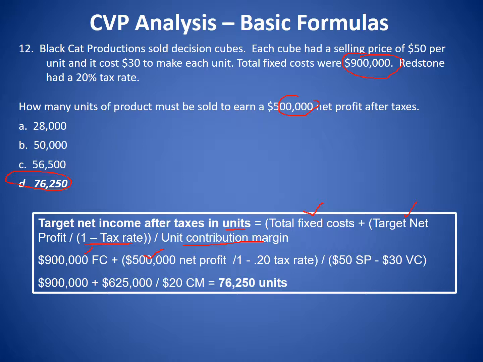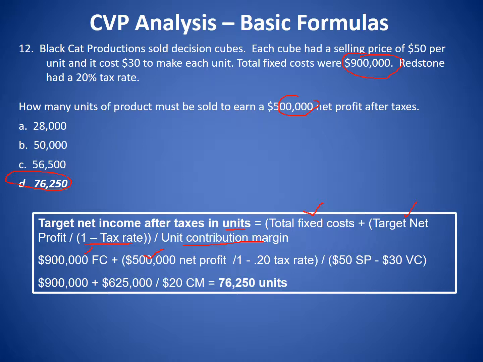So it's $500,000 net profit divided by 1 minus the tax rate, 20%, then divided by our contribution margin, not our contribution margin ratio in this case, but our unit contribution margin, which is $50 selling price minus a $30 variable cost.